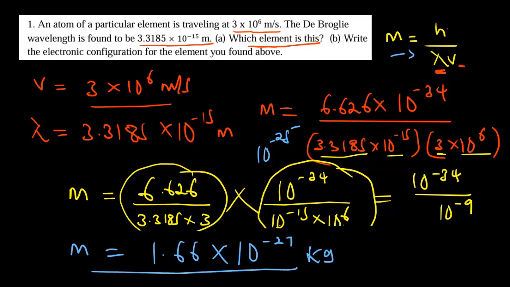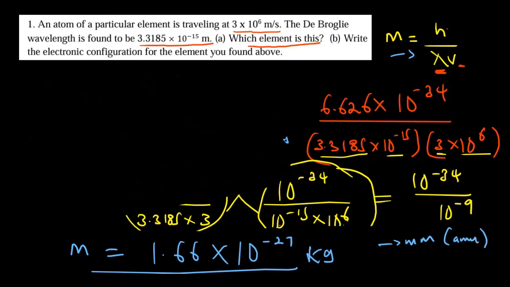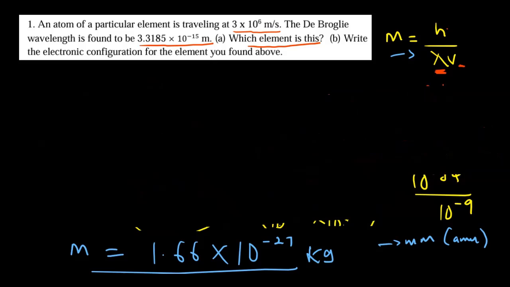Now we can convert this mass into the molar mass, or what we call the atomic mass units. There we need a ratio for converting mass to atomic mass units.